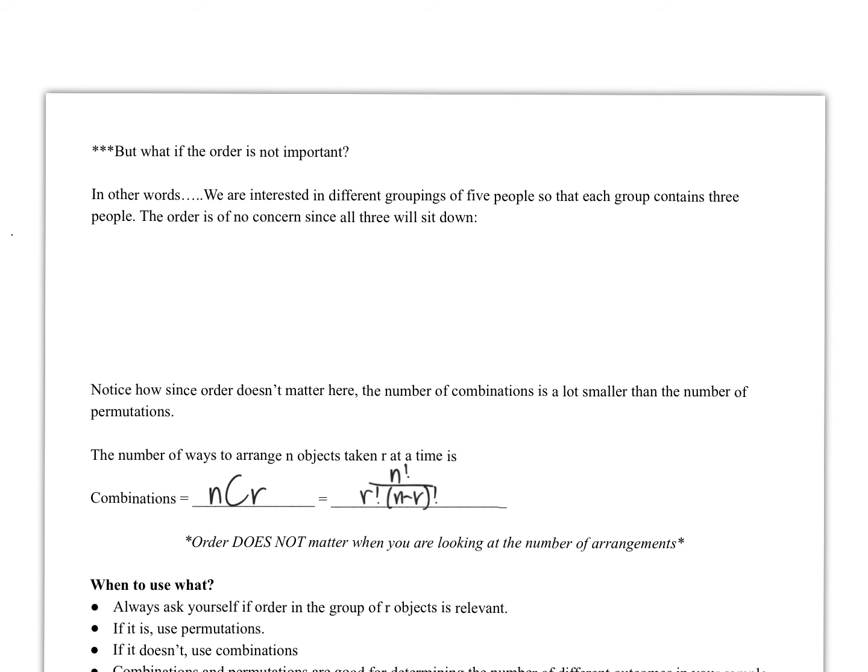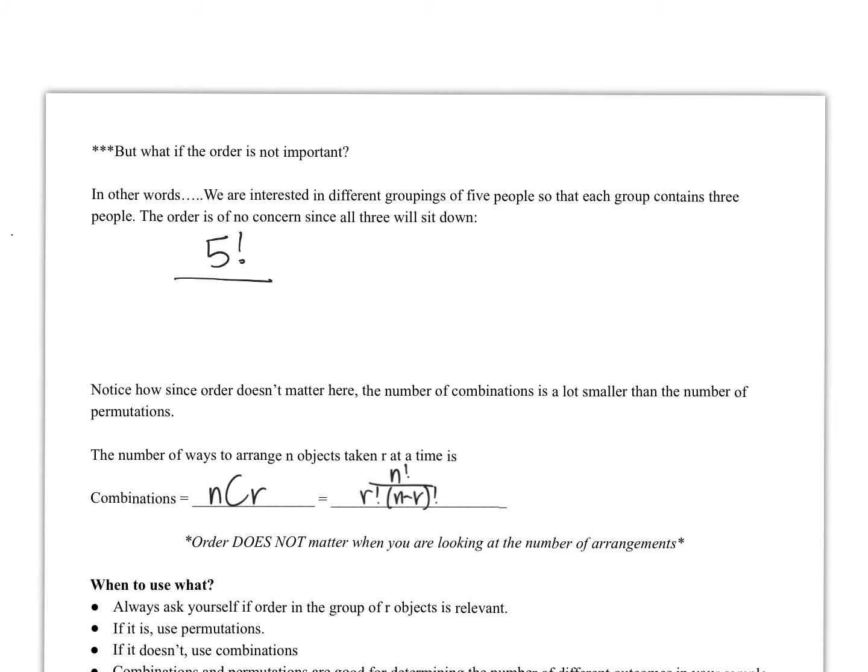So the way the formula changes is, we have the 5 factorial, but all of the different orderings of the 3 people count as the same event. So if you have 3 people, person A, B, and C, all of the different ways those 3 people sit count as a single event.